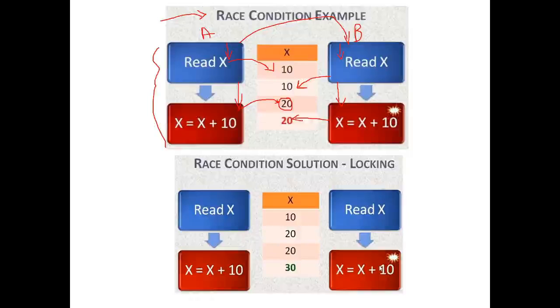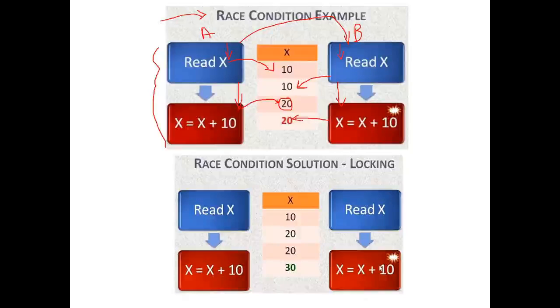Here the result is wrong. This is not properly synchronized, because in between, process B interrupted and read the wrong value before process A updated it. Such problems arise when the same variable is shared by more than one process.